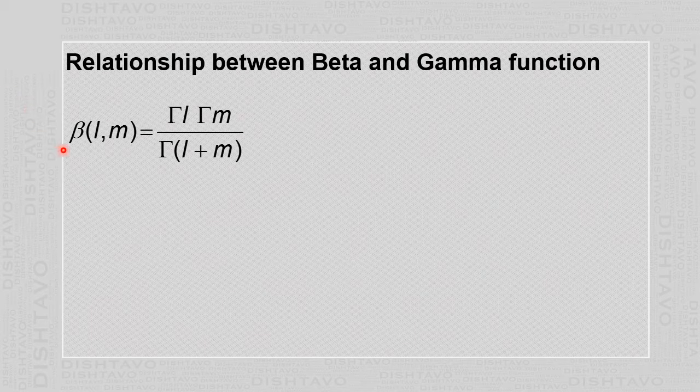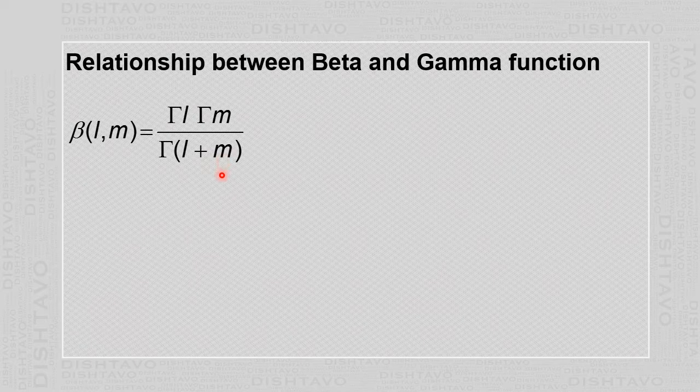Values of the beta function can be found by finding the values of the gamma function, and the beta function is related to the gamma function by the equation beta of L comma m equal to gamma of L into gamma of m divided by gamma of L plus m.